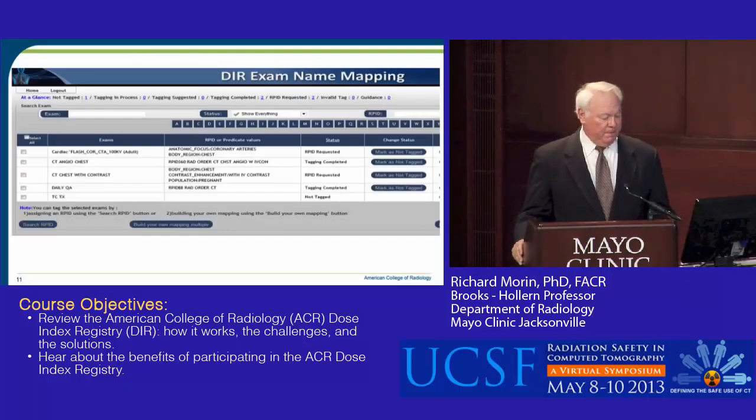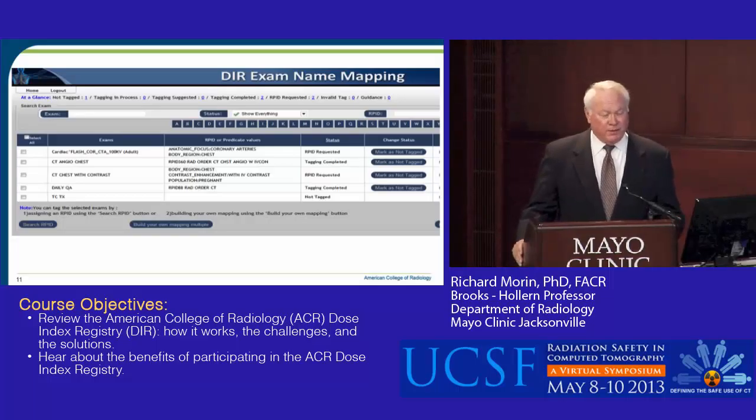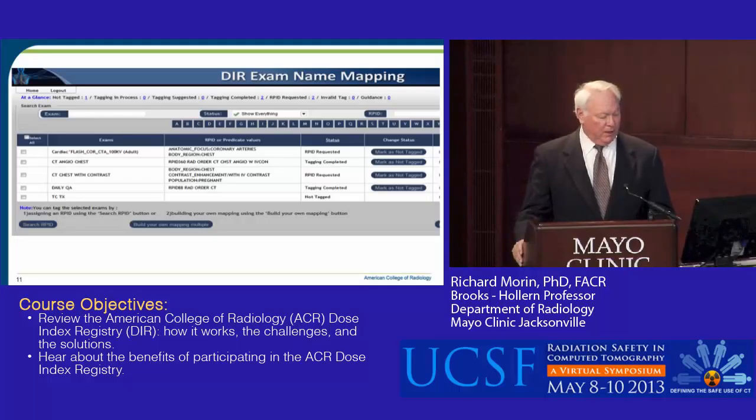Next slide. And here you can see some of the types of things that occur. On the far left is the facility's particular name for a particular study. And then as you go over to the next column, the terminology becomes standardized and is assigned an ID number. This then allows the comparison that we talked about to take place.